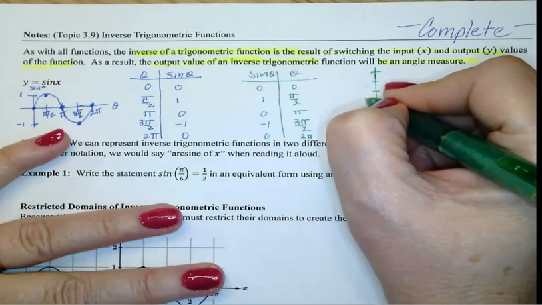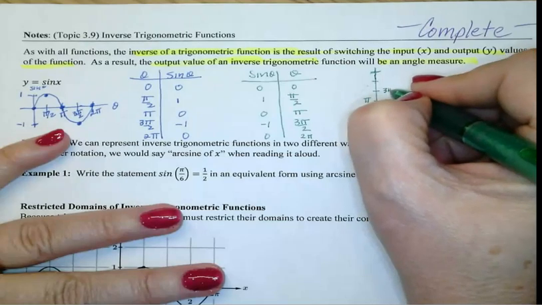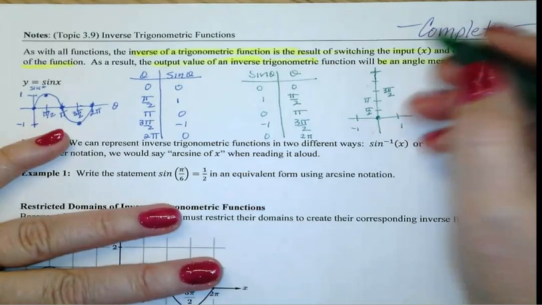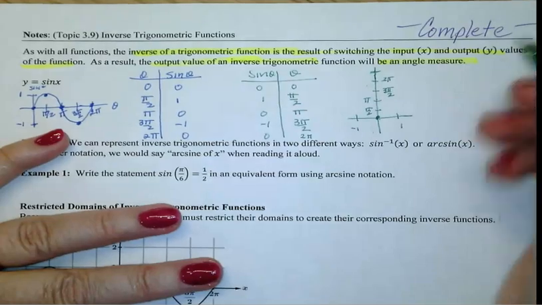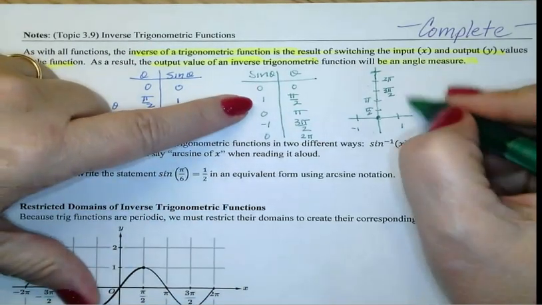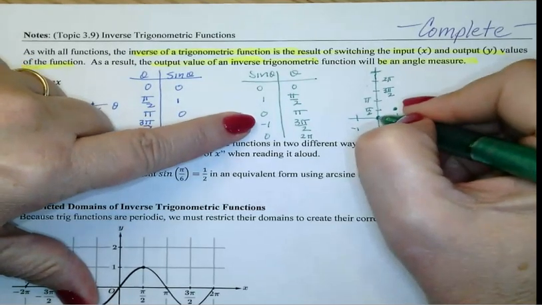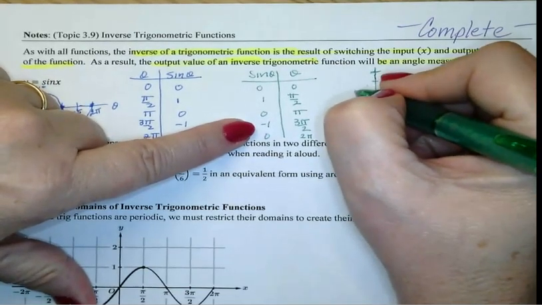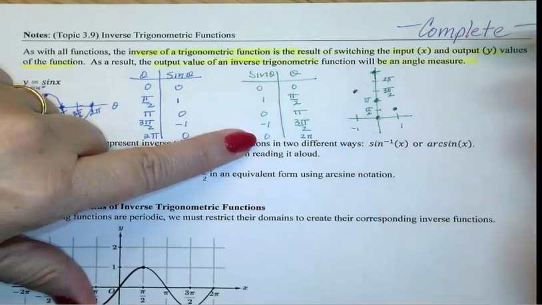Remember, this would be pi. This would be 3 pi over 2. So I have 0, pi over 2, pi, 3 pi over 2, and 2 pi. At 0, we're at 0. At 1, we're at pi over 2. At 0 again, we're at pi. At -1, we're at 3 pi over 2. And then at 0, we're back up here at 2 pi.